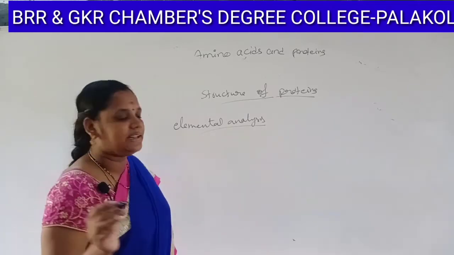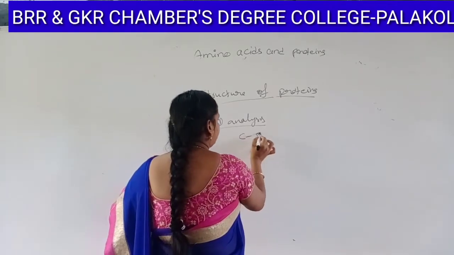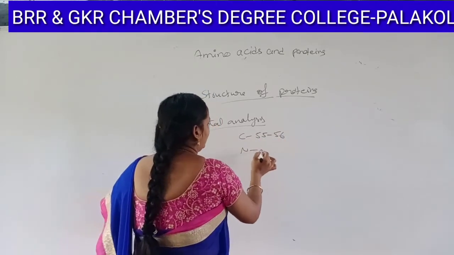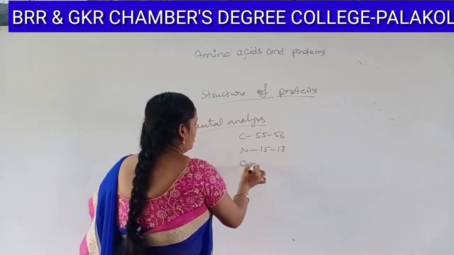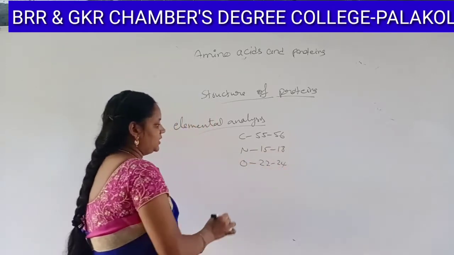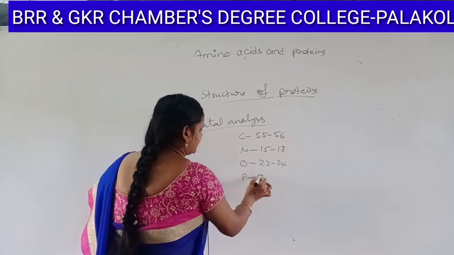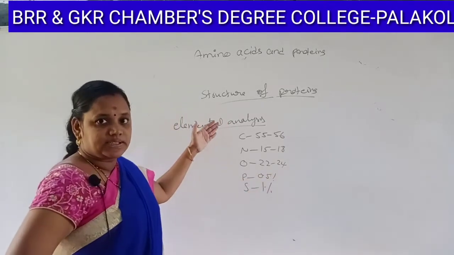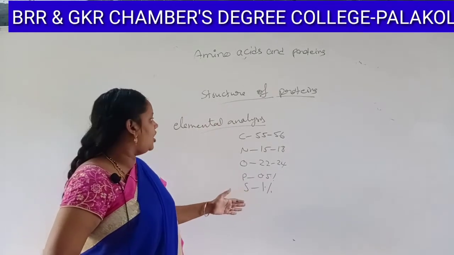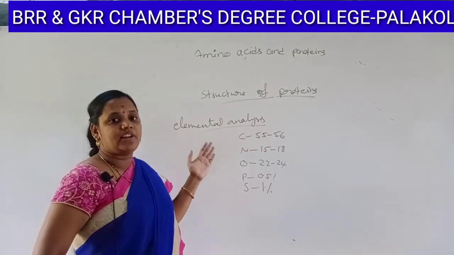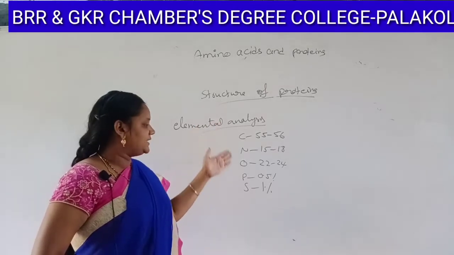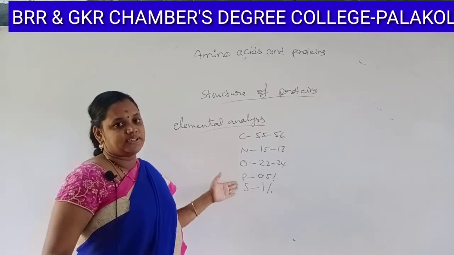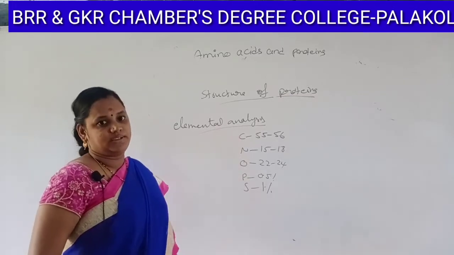It contains carbon 55 to 56%, nitrogen around 15 to 18%, oxygen 22 to 24%, and if phosphorus is present 0.5%, if sulfur is present 1%. From elemental analysis of proteins, we know the percentages of carbon, nitrogen, oxygen, sulfur and phosphorus present.